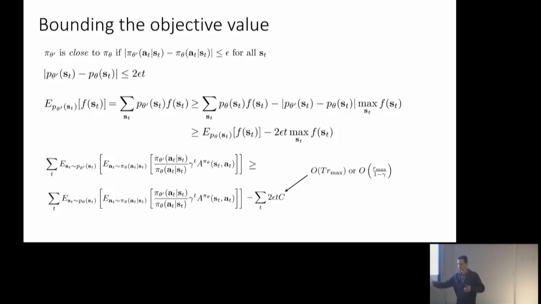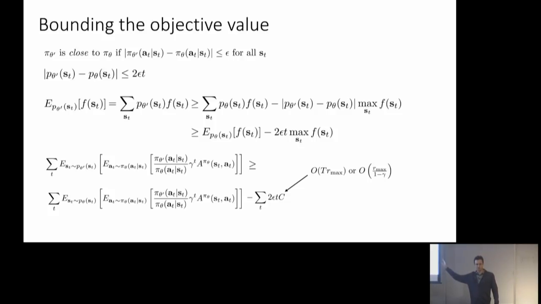That means that the longer the effective horizon of your problem is, you're going to pay a quadratic price in suboptimality, which means that in order to improve your policy, you're going to need to take quadratically smaller steps. You're going to need to decrease epsilon to compensate for that. So it is a bound. It's not a really great bound, and it's a pretty loose bound in practice, but it gives us something to work with so that we can actually derive some practically useful algorithms.